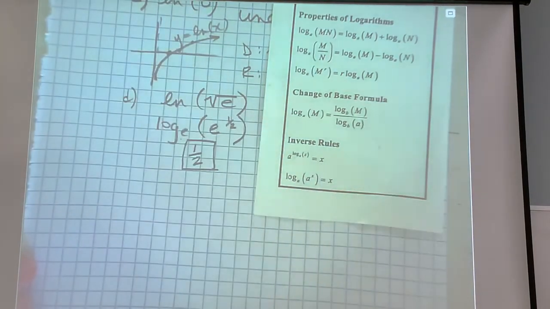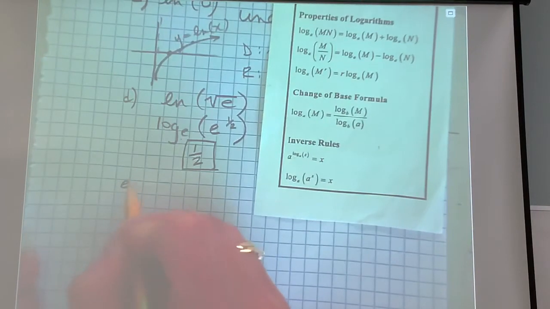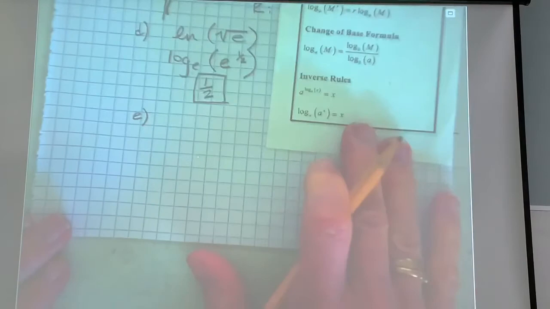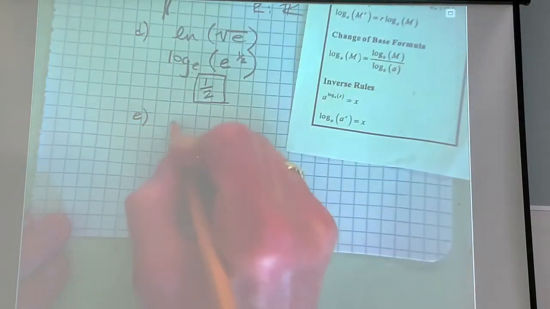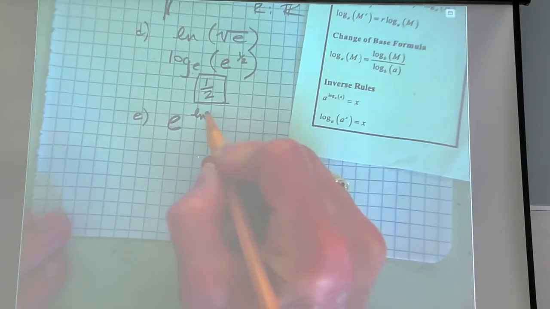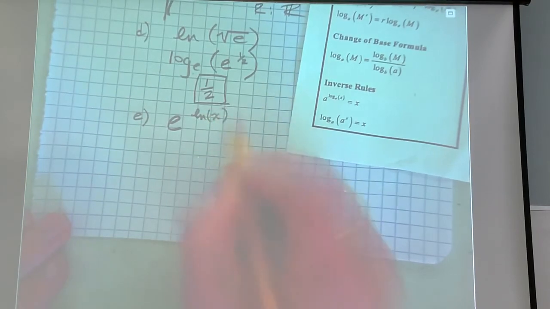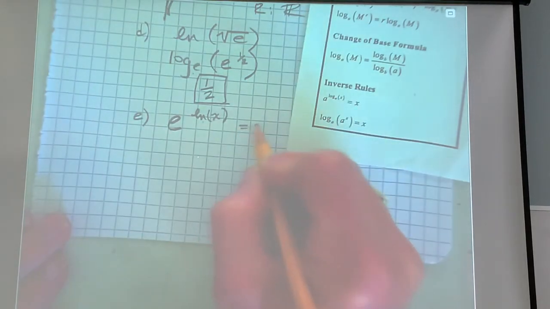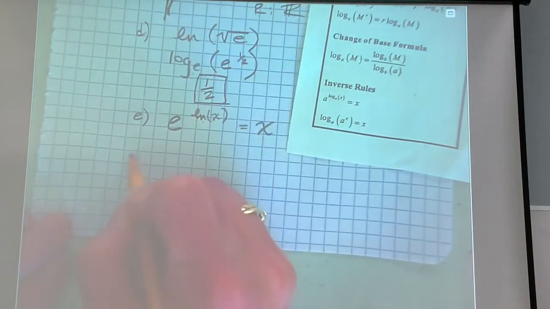That would be x. I think those are helpful, especially when you look at these last couple where it says e raised to the natural log of x. So log base e of x, that's just going to equal x.